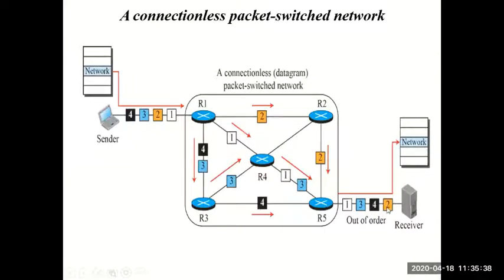So 2 has arrived first, then 4, then 3, then 1. But it is the job of the network layer to wait and accumulate all the packets and then reorder them correctly and pass them on to the higher layer, the transport layer. It will wait till it receives everything, and only when it is in order, it will send it to the next higher layer.